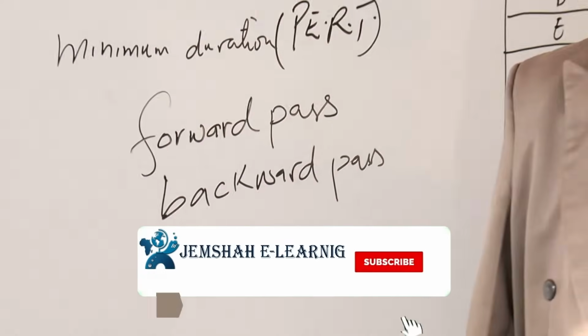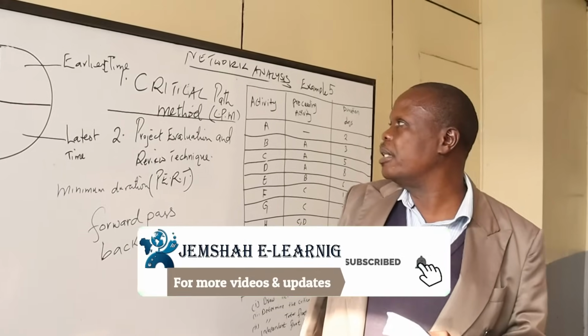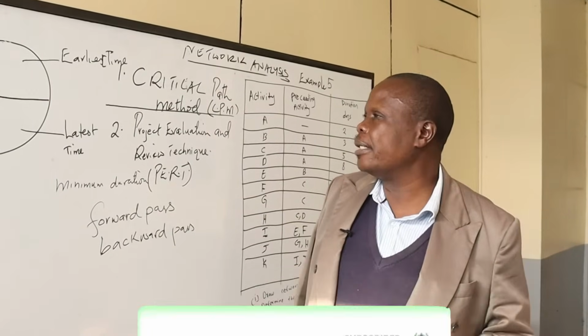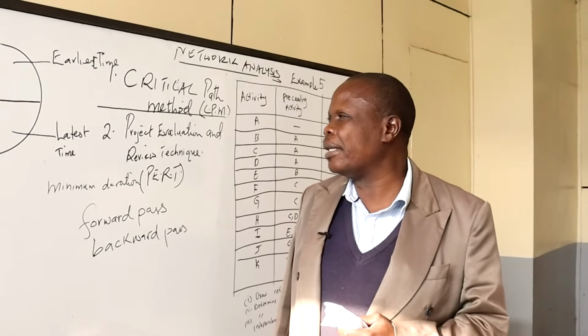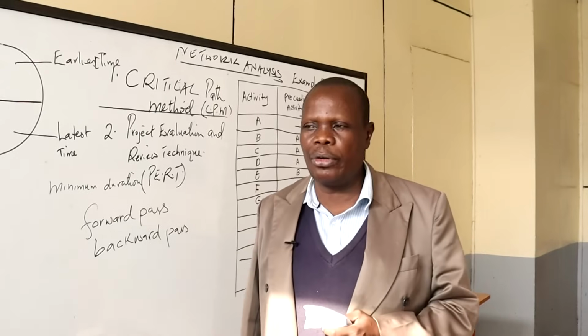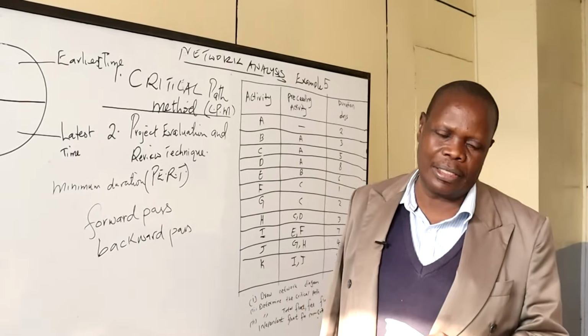Then after estimating the two time estimates, that is the earliest time and the latest time, we can now determine the critical path. And the following is how to determine the critical path in a network.